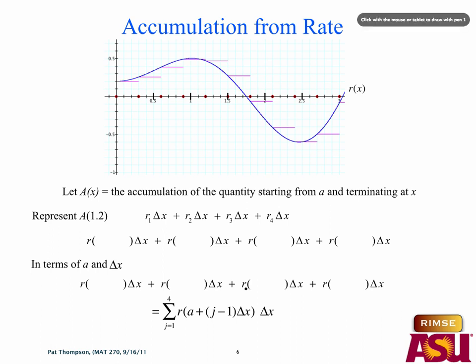The delta x is what you're thinking of changing. As soon as you say let delta x be 0.5, well, if I still want to get all the way to 1.2, that's going to change how many terms I need, right? I will always increment by 1. Delta x can change.